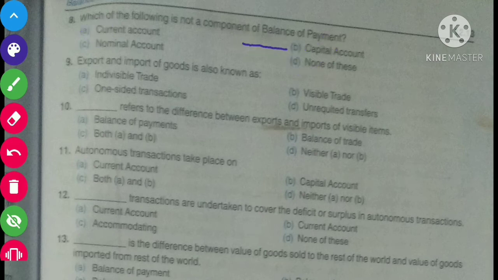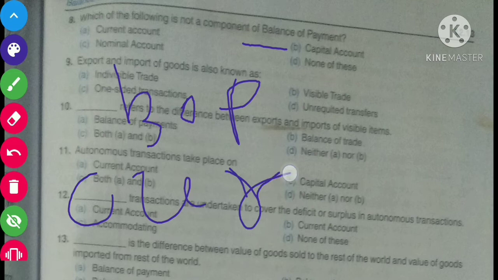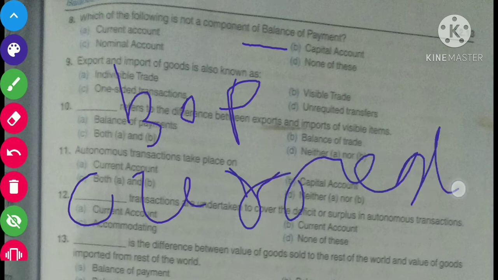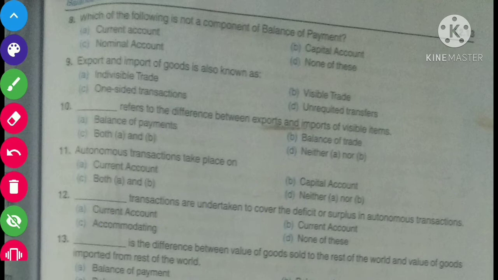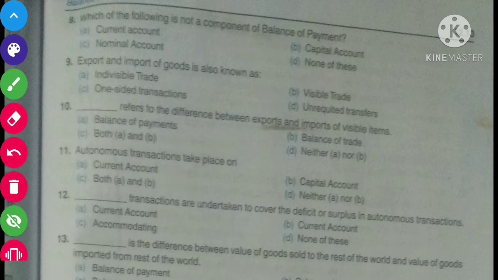In balance of payment, BOP, there are current account and capital account. In current account there is export and import of goods and services, unilateral transfers, and investment income. Loans from abroad, loans to abroad, repayment of loans, etc. are coming in capital account.